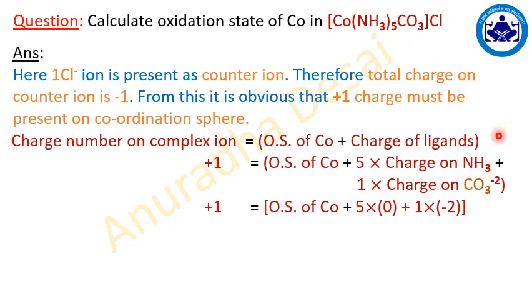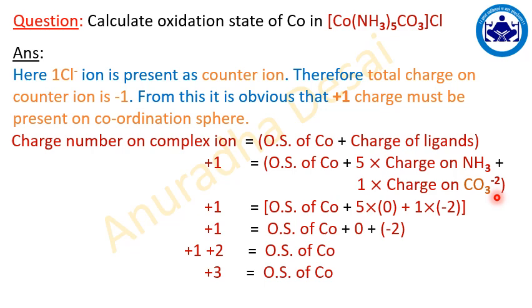Now next step will be +1 is equal to oxidation state of Co plus 5 multiplied by 0, because I know that ammonia molecule is a neutral ligand, charge will be 0, plus 1 multiplied by -2, because I know that the charge on carbonate ion is -2. Solve this. You will get the value of oxidation state of Co is +3.